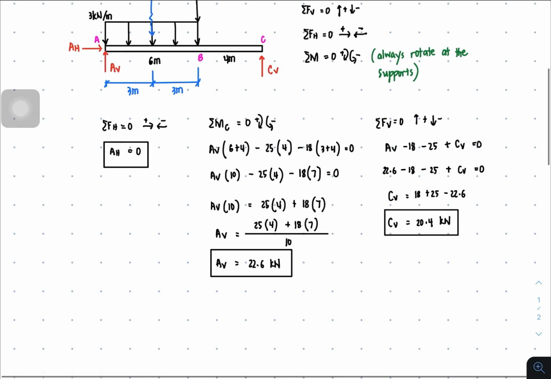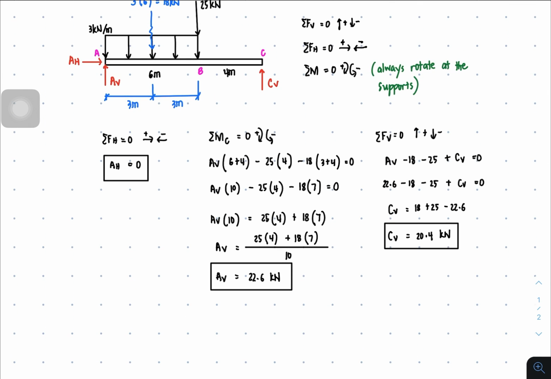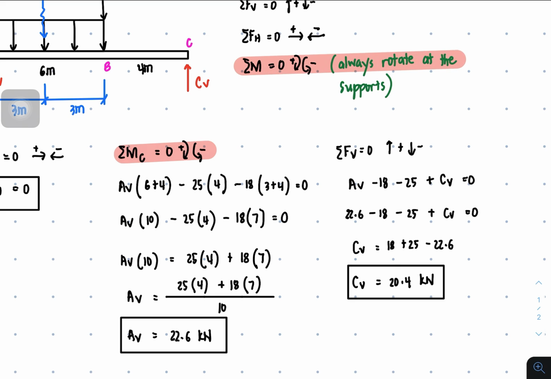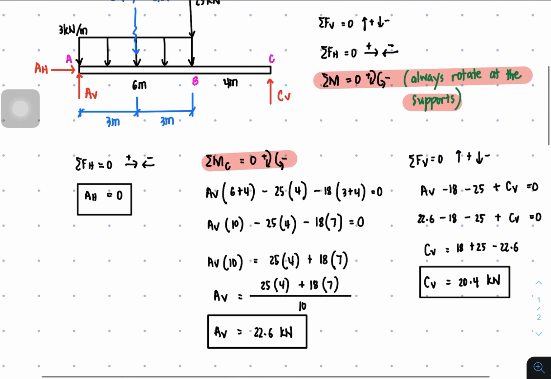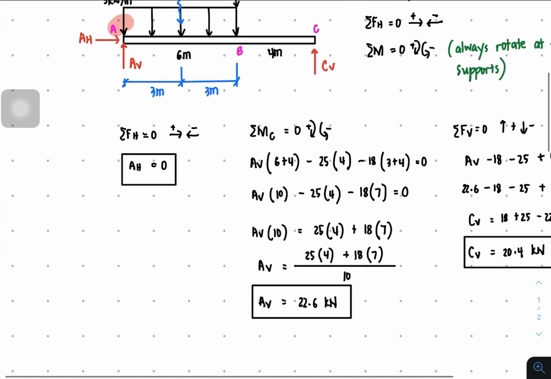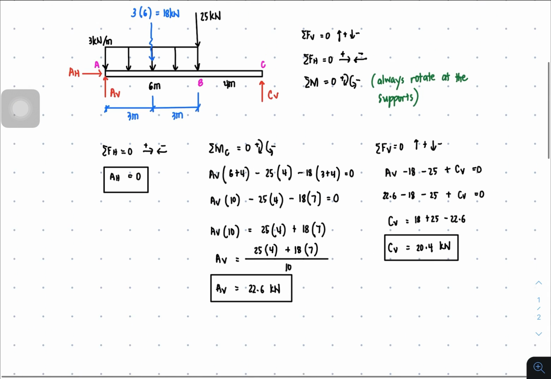Okay, so how do we know that our answers are correct? Since we only used the summation of moment about point C, and we have the condition that you can use the summation of moment about any point as long as you are rotating at the supports, we may proceed to do the checking by rotating about point A, just to check whether you got the answers correctly.